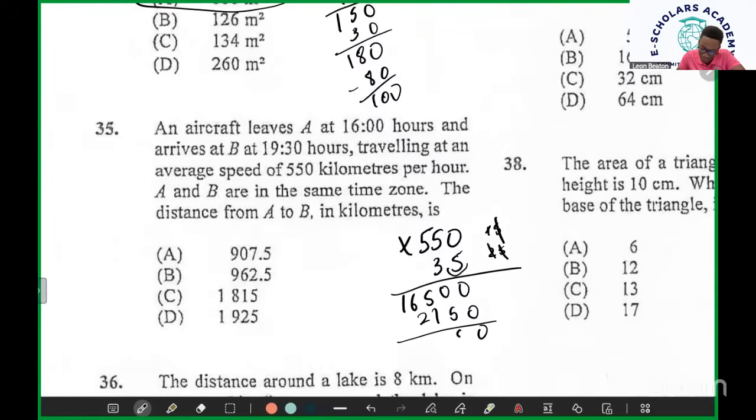This will be 0, 5. 5 and 7 is 12. Put the 1 there. This is 9 and 1. So we carry 1. So 1925, which is D.